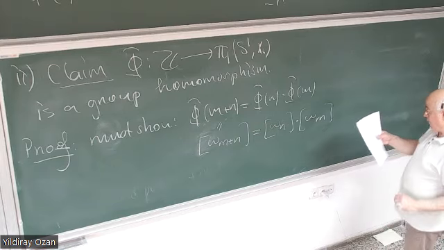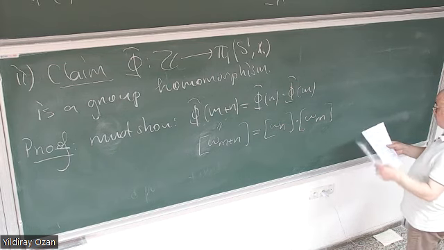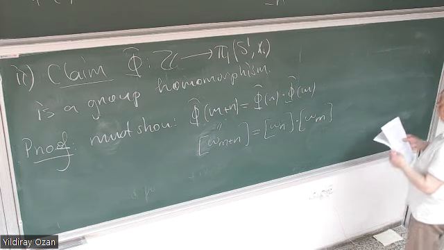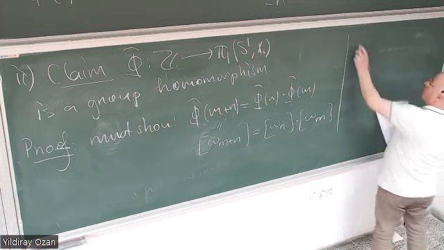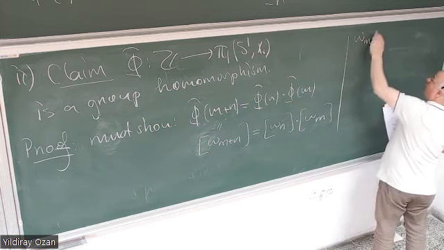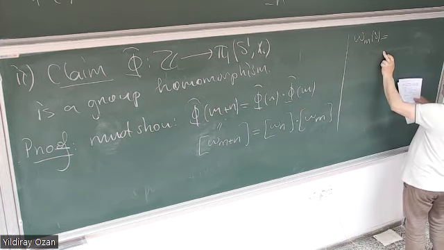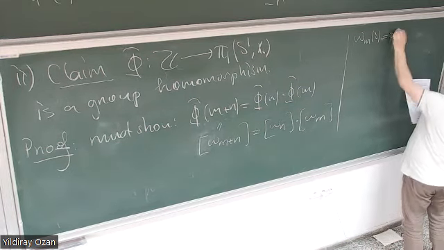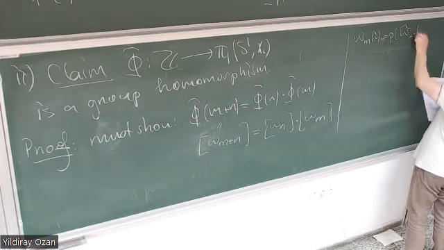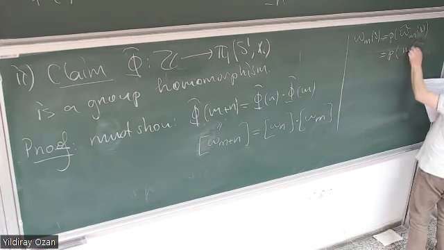Well, now we can do it this way. Now W(m+n) of s is just p of W(m+n) tilde of s, and this is just p of (m+n)s.